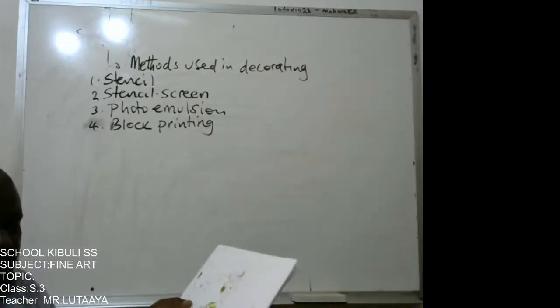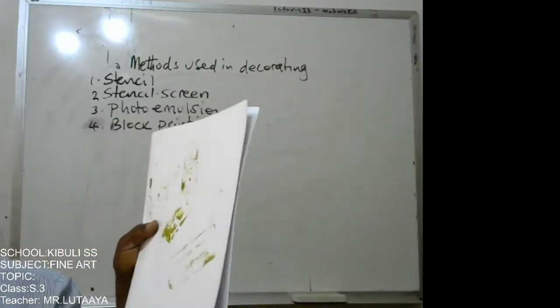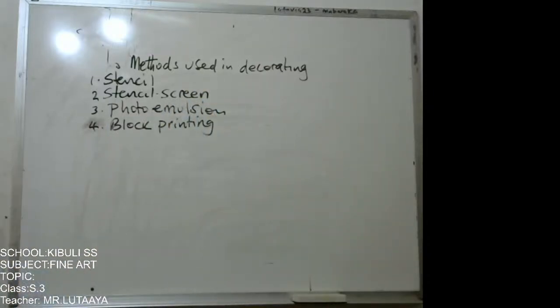It needs to have a leveled surface. So that is how you have to print. You cut a design on a piece of material, then you print. Here I was using soap, but the surface is not well leveled, and even the soap is not leveled properly. Some features will not come out well, but that is the process.